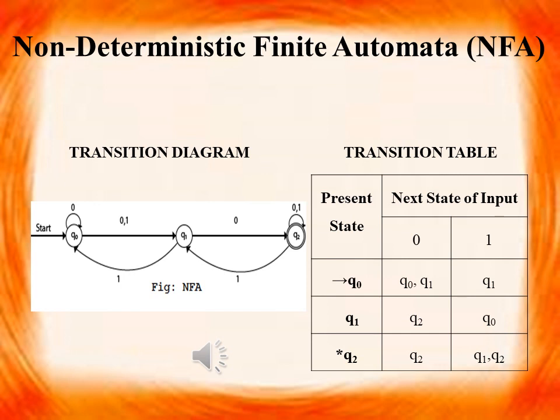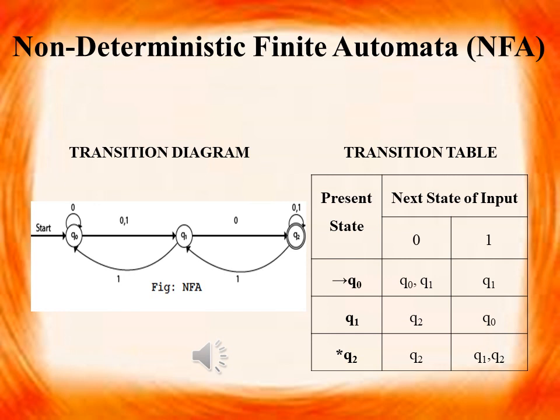Star indicates accepting state. 0 and 1 as symbols. Q0 gives the input value 0, self loop, and it gives the input value to Q1 also. So we are representing Q0 and Q1 in this table, and Q0 has the 1 as the input to Q1, so we are writing Q1 in this table.